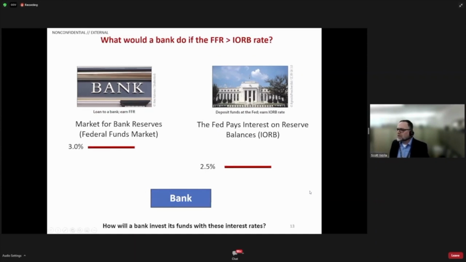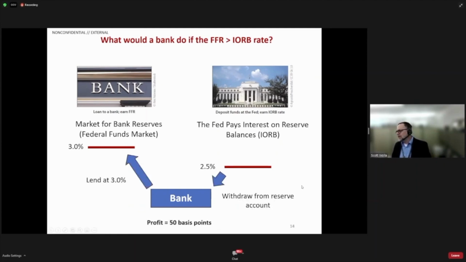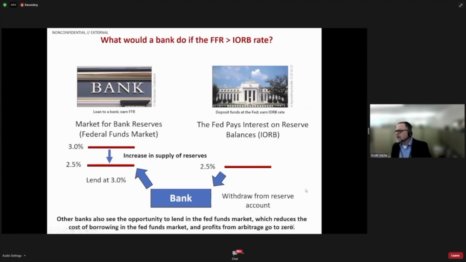Okay, so in this case, what if the federal funds rate is higher than the interest on reserve balances rate? Okay, well, arbitrage works here too. In this case, banks would withdraw money from their reserve balances at the Fed and lend in the federal funds market at the higher rate to earn that profit. This is the arbitrage action. Remember, taking advantage of the difference in price, or in this case, rate.